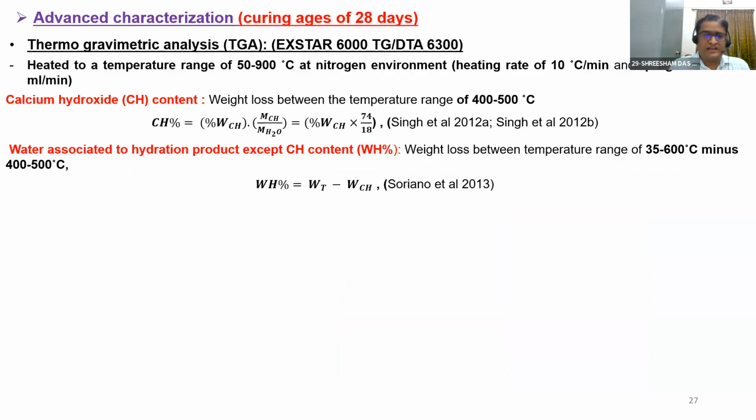As you know, we have two compounds, calcium silicate hydrates and calcium hydroxide. If you can measure the CH, that is calcium hydroxide, and the water loss, that is nothing but my CSH, you can tell how the hydration phenomena is happening.